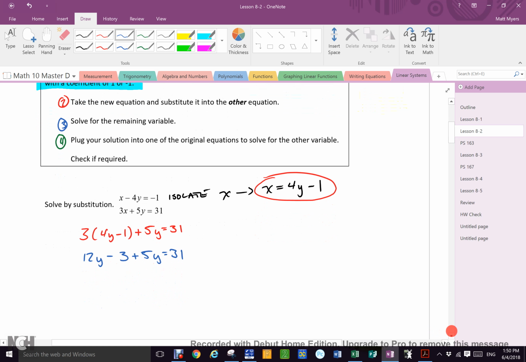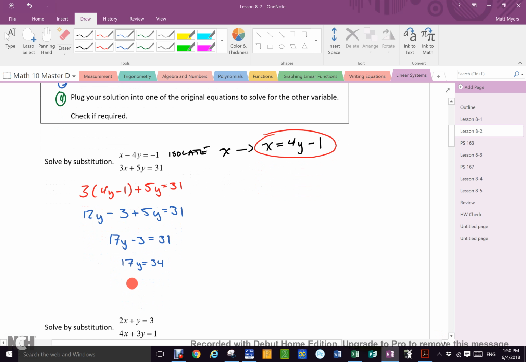Now what? 17y minus 3 equals 31. Now what? Get rid of the negative 3. 17y equals 34. Now what? Divide by 17 and y equals what?